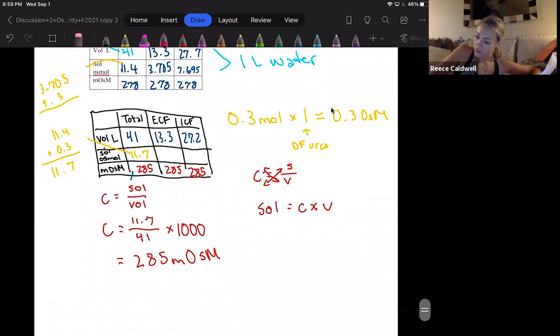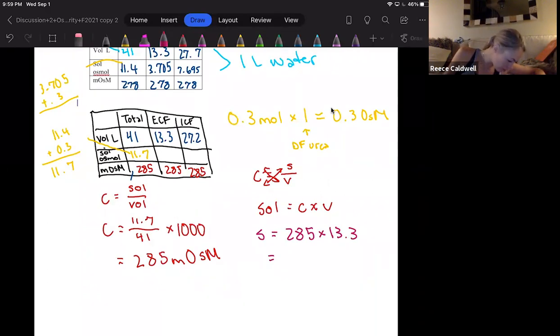So we will have S equals concentration, which is 285, times volume, which is 13.3. That is going to give us 3.791 osmoles.